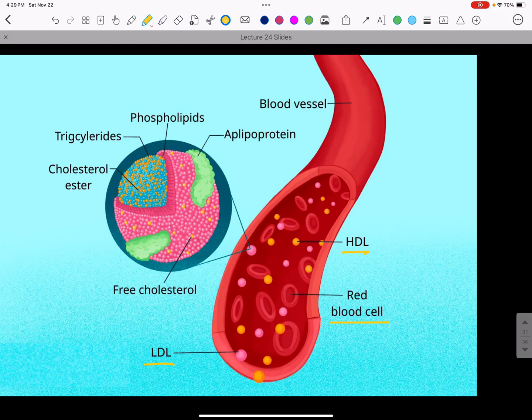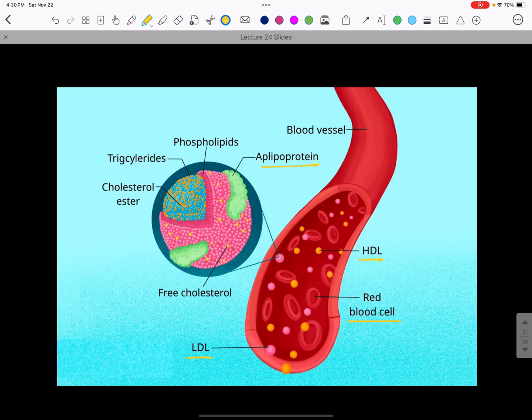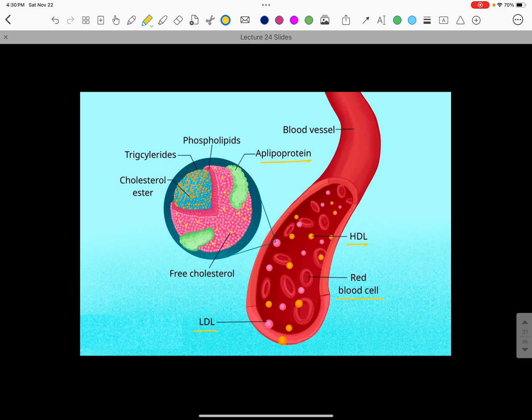That also is transported using these lipoproteins. So basically, they form a sort of vesicle with triglycerides packed inside, and we have a phospholipid layer, and the layer has apolipoproteins embedded in it, which are responsible for recognition. They anchor onto the cells and deliver these triglycerides into those cells for energy production.